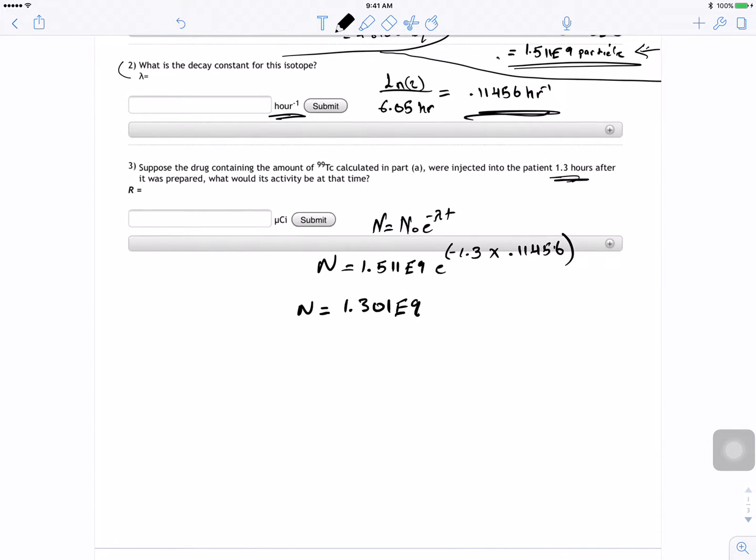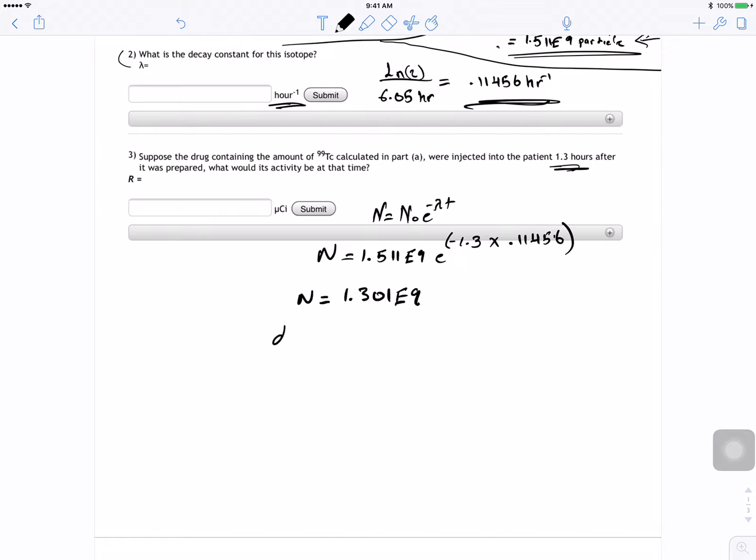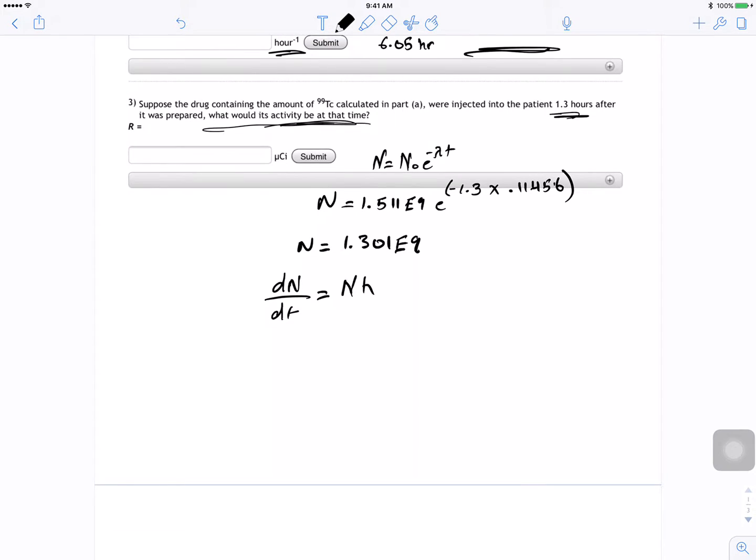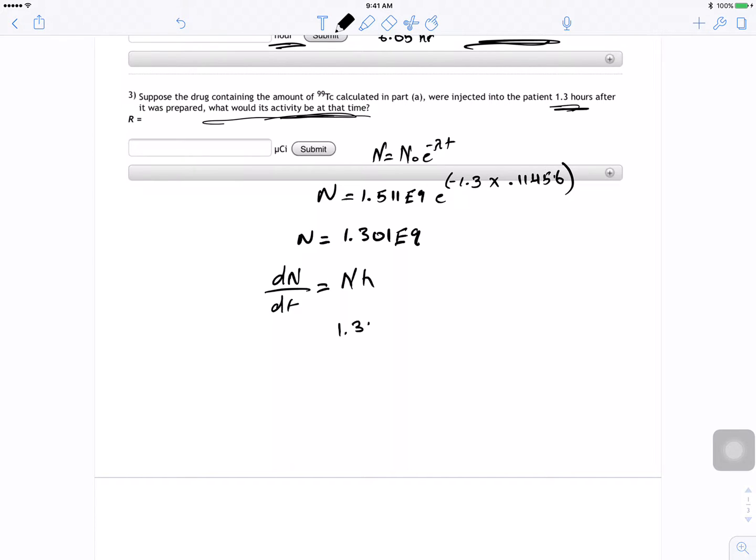And then we do the same thing. We do dN divided by dt. It's going to be equal to N lambda. And dN/dt is what we're trying to find, because they're trying to find the activity at that time. So N is 1.301 e to the 9 times the lambda, which is 3.182 e to the negative 5 per second.